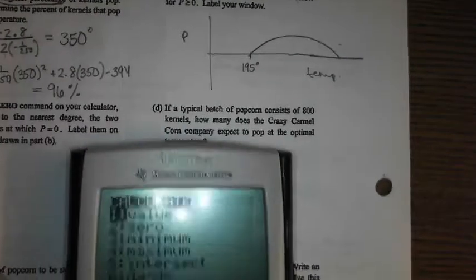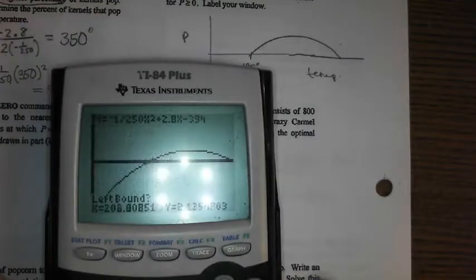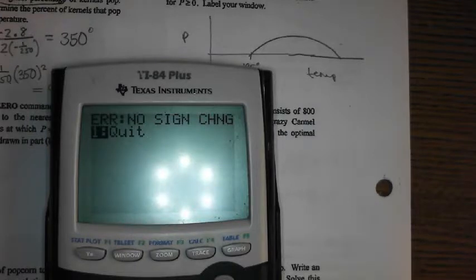If I do it again, second trace, zero for my other zero. I just set my left bound really early, but it's taking a while to scroll over. I just hold it down. I just need to get below the x-axis, which is going to be off my screen. It's got to be on my screen.